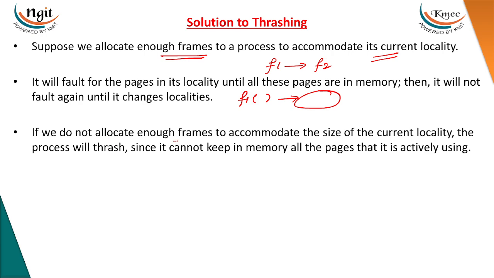If we do not allocate enough frames to accommodate the size of the current locality, then the process will thrash, since it does not keep in memory all the pages it is actively using.